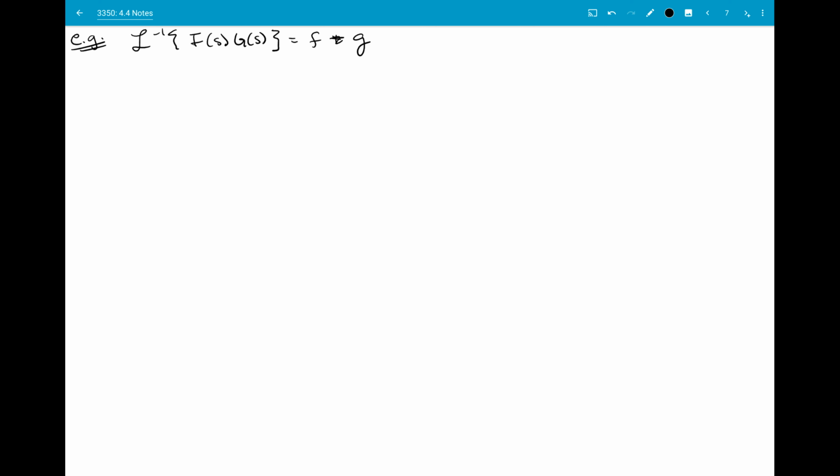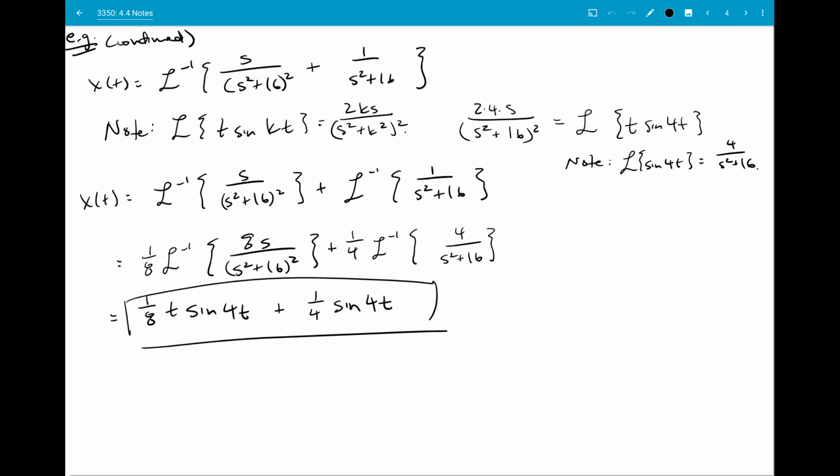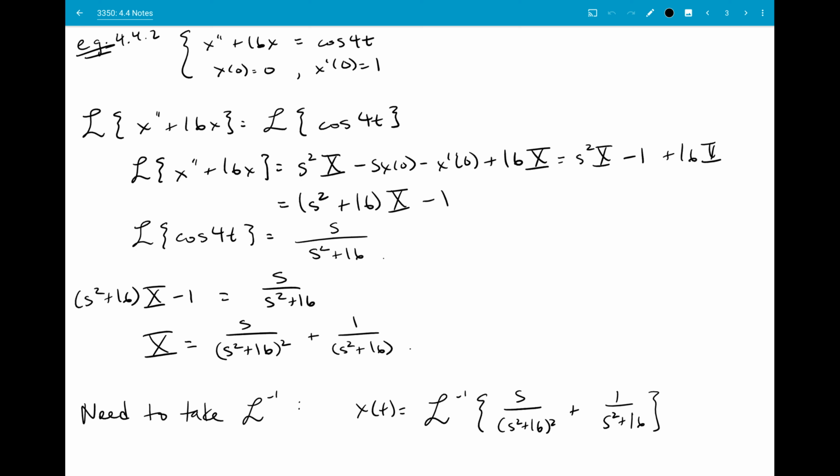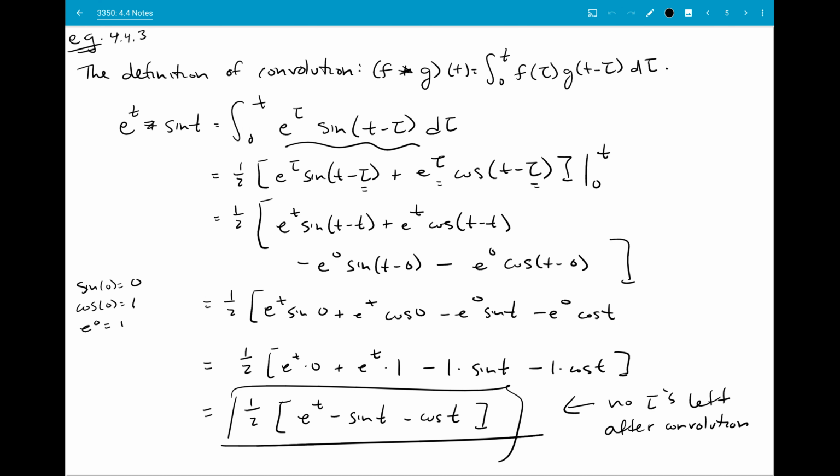And to do this, we're actually going to go back to that prior example, 4.4.2. We're going to pick up right here, and we're going to use this other property to compute little x of t instead.